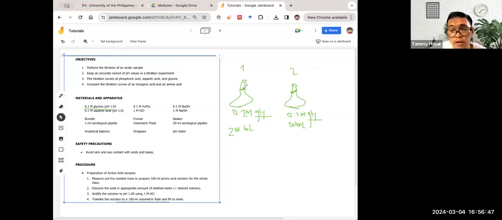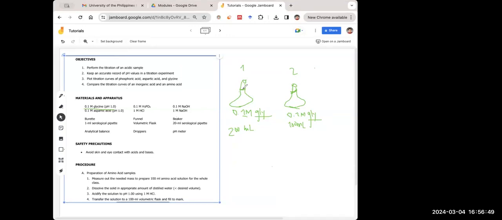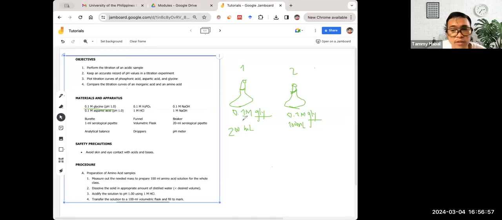Sorry, I mixed up my words. I meant that it's less because the flask is bigger. They're the same concentration, but the flask is bigger. For example, if you get 1 ml of this and 1 ml of this, it's still 0.1 molar.